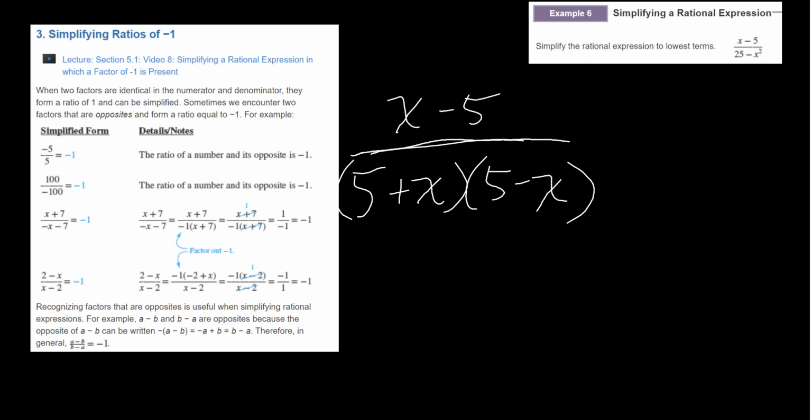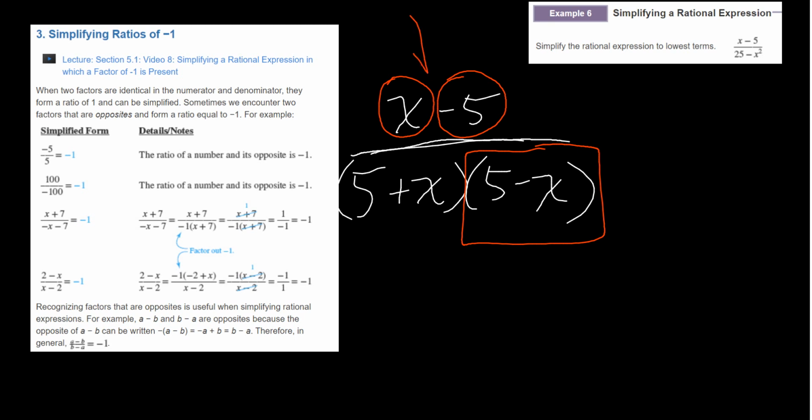Alrighty, so let's examine this. In my numerator, I have a positive x and a negative 5. In my denominator, it looks like I have the exact negative of that, don't I? Instead of a positive x and a negative 5 like in the numerator, I have a negative x, which is the opposite of a positive x, and a positive 5, which is the opposite of a negative 5.